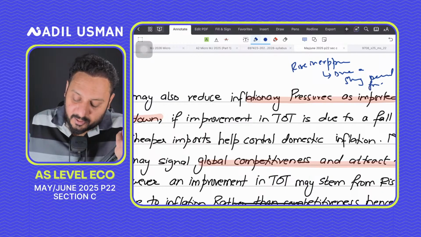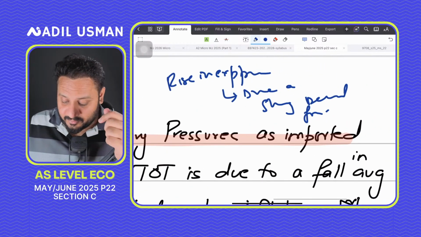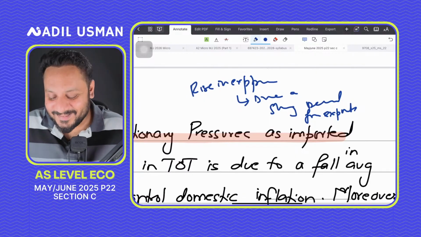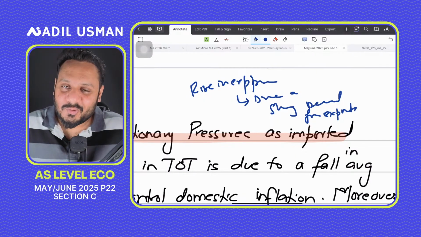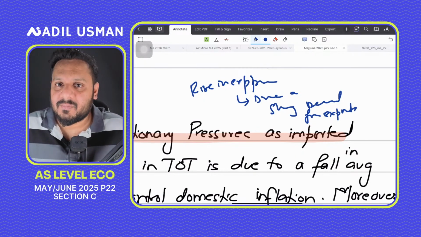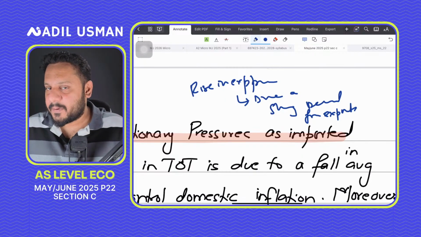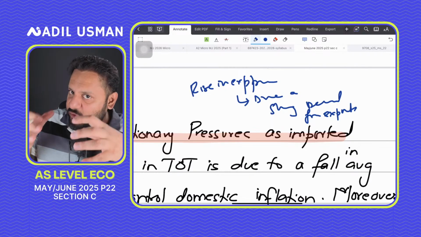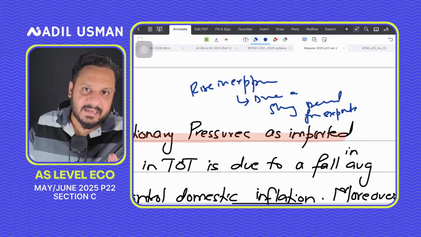I'm sorry, I cannot even understand myself what I'm writing, so I can't expect you guys to understand, but just listen to what I'm saying. A rise in export prices due to a strong demand for exports. So if your export prices are going up, and that is causing terms of trade to improve, but it is due to a very strong demand for exports. That is beneficial for the country.